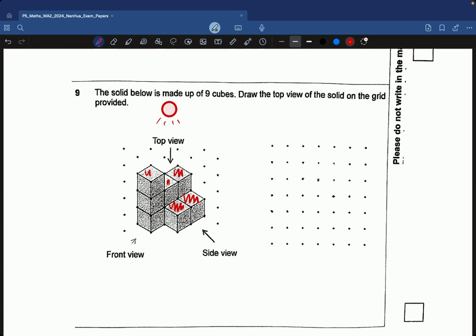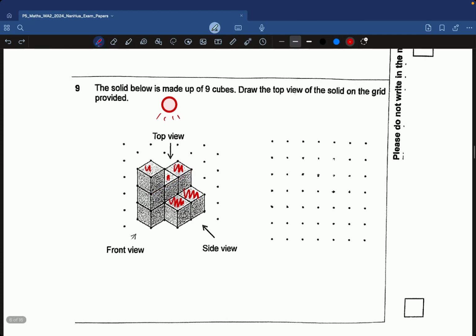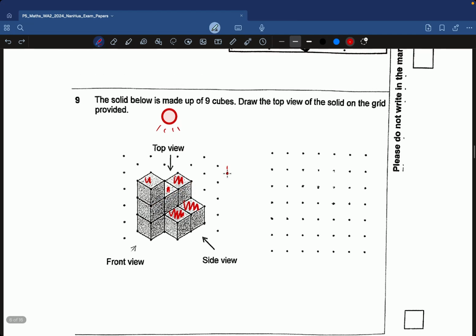So there is technically 3 over here, and then we also have 2 over here. So 3 in length. So 1, 2, and 3 cubes. That's what you see over here.